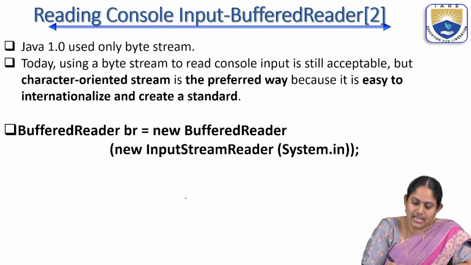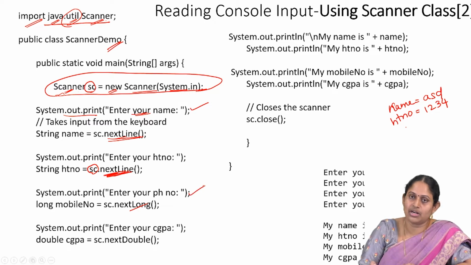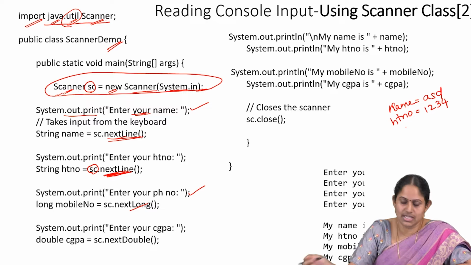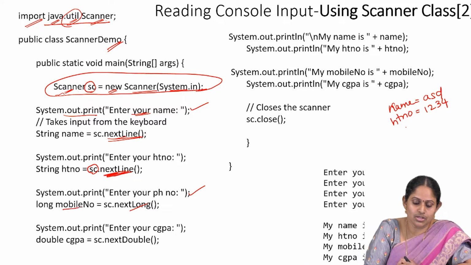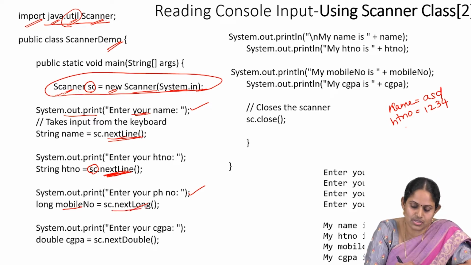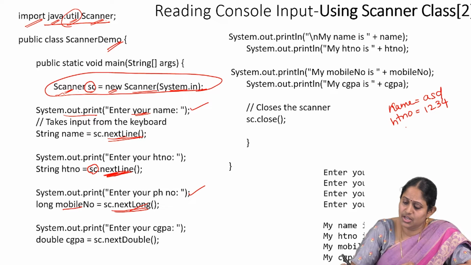Next we are reading the phone number. Now a phone number can be an 8 or 10 digit number, so we have to use long. To read and convert it into long, we are using the nextLong method of the Scanner class. Once you read this into the variable mobile number, we have 1, 2, 3, 4, 5, 6 stored.